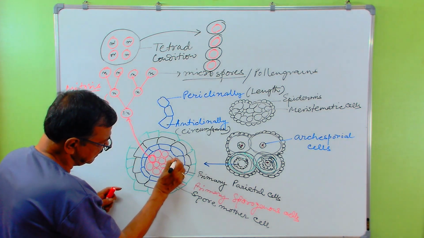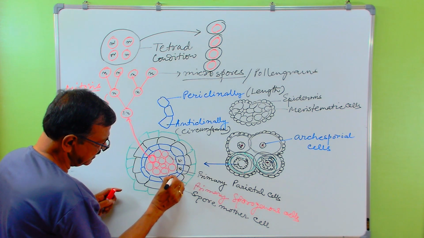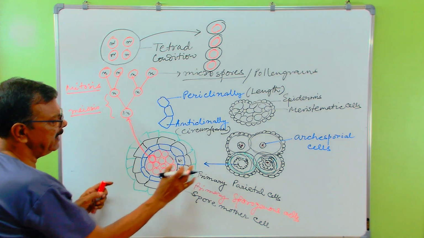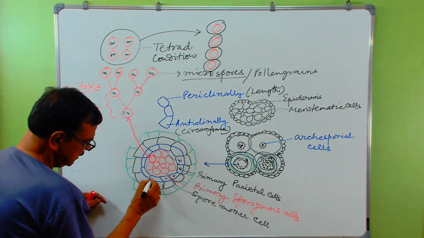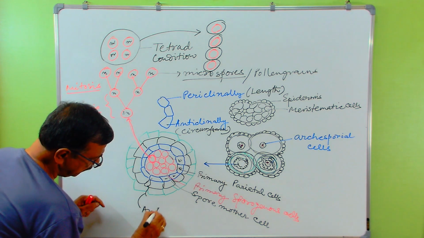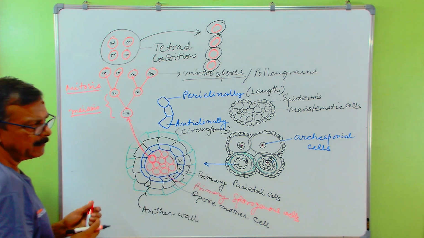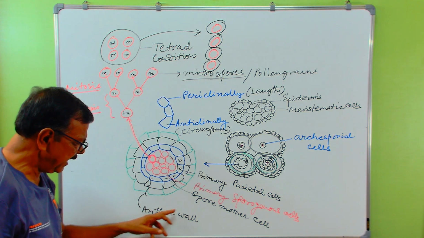This is the adjacent layer, adjacent to the multi-layered anther wall. This is the anther wall. These 3 or 4 layers are called the anther wall.